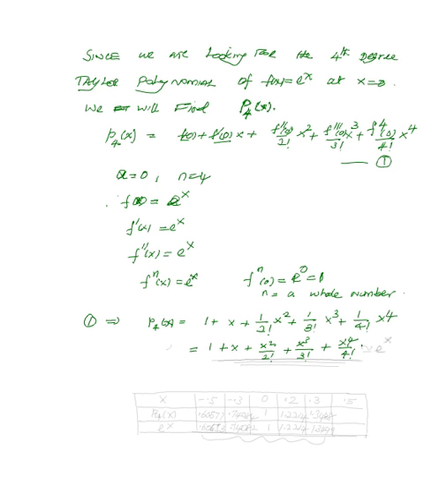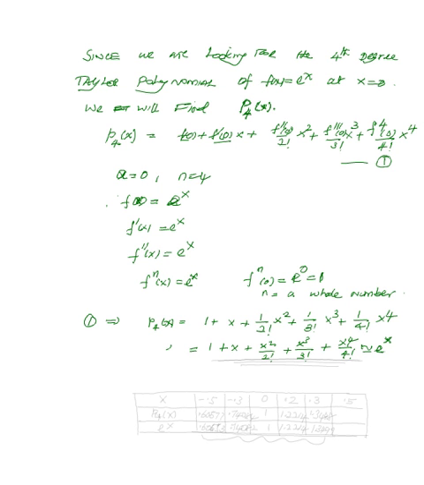Now, before we try to convince you that this is an approximation to e to the power x, this function that I have written is supposed to be approximately equal to e to the x around x equal to 0. So what I'm going to do is convince you that this expression is valid.